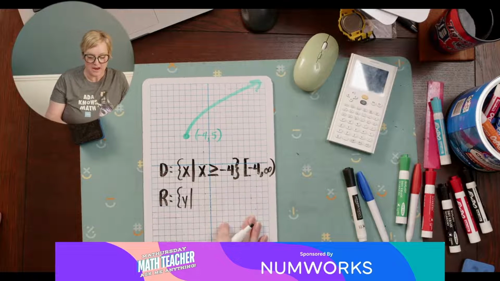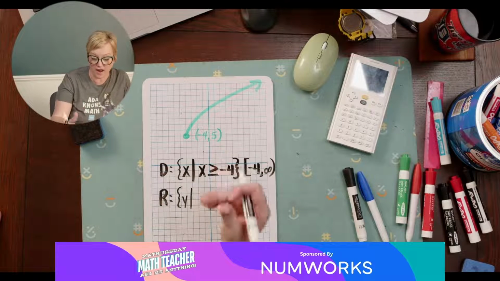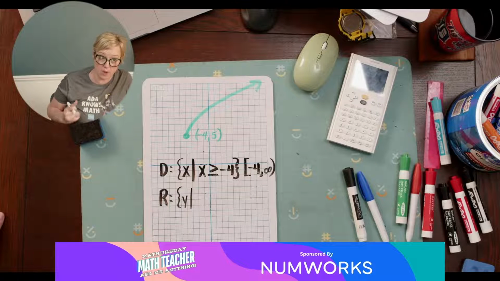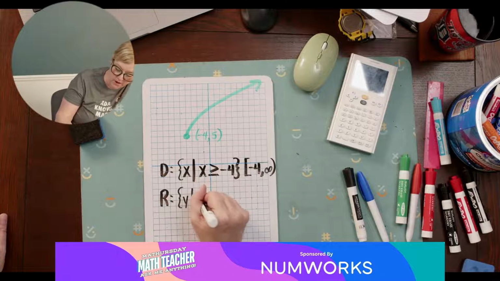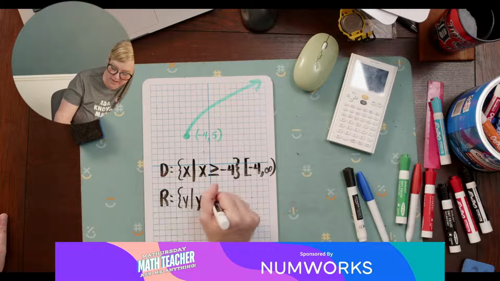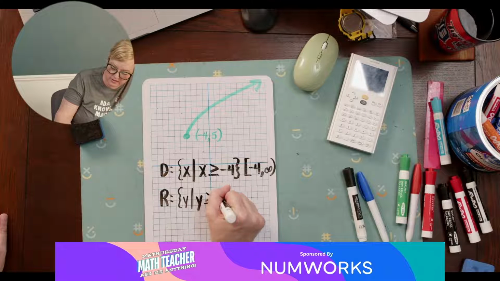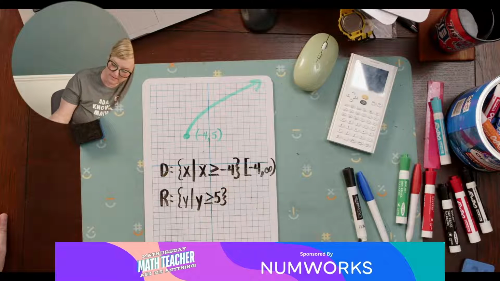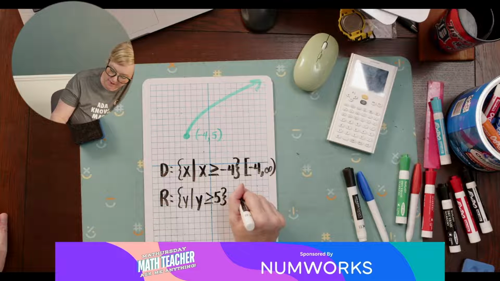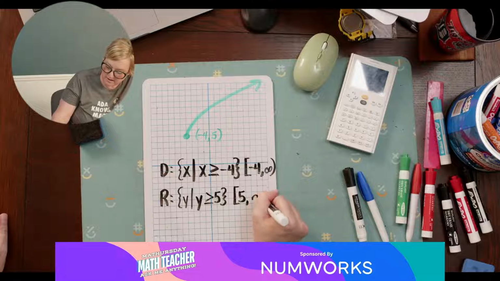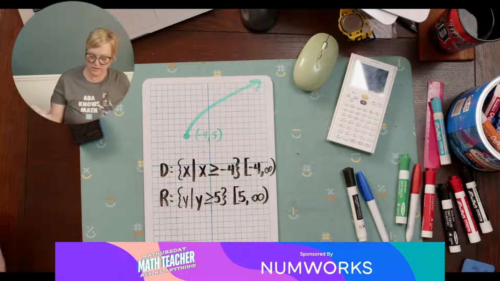Now my range, again, is my y value. So 5 is my lowest y value, so y is going to be greater than or equal to 5. And again, I'm going to go from 5 to infinity. There we go.